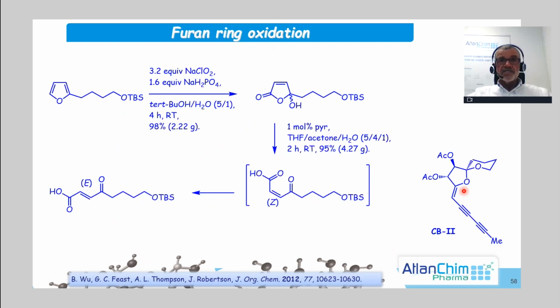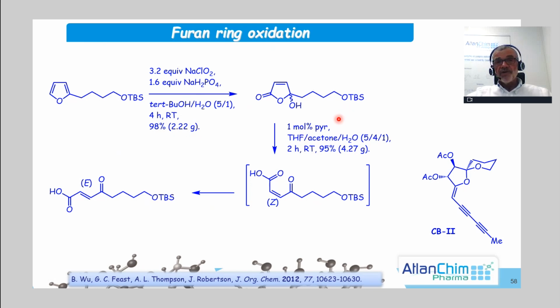To end this section, in the first step of the total synthesis of this enol ether spiroacetal natural product, this furan derivative was efficiently oxidized according to the classical sodium chloride oxidation procedure to give this gamma-hydroxybutenolide in 98% yield on a scale of about 2 grams.